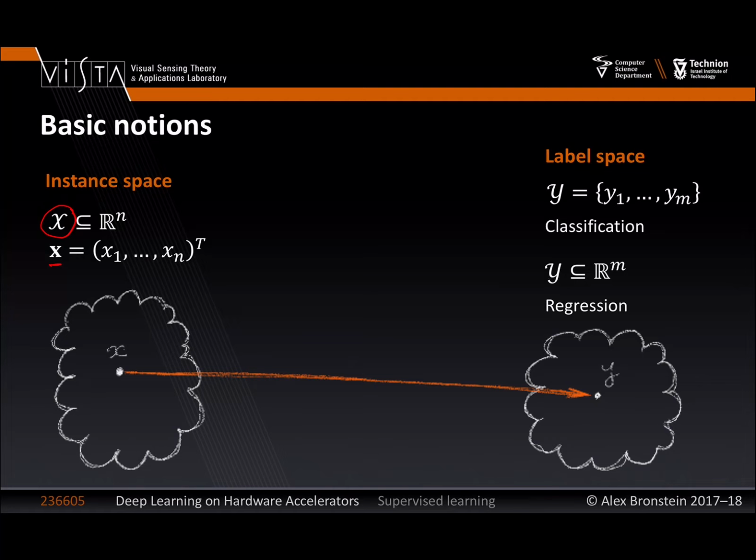So basically, as I said, we have some underlying target function, a map between the instance space to the label space. For example, in case of images that I would like to classify, in case of visual recognition, I would like to assume that there is some ground truth information that tells me that this is an image of a dog or this is an image of a cat.